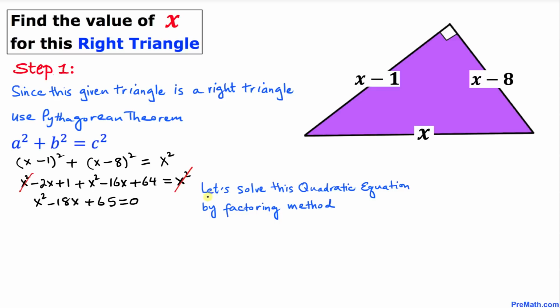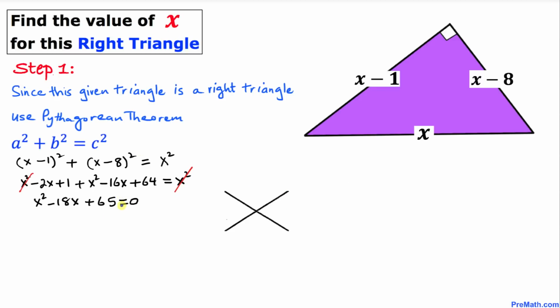Now let's go ahead and solve this quadratic equation by using the factoring technique. Let me show you the factoring technique right now. This constant part, positive 65, I'm going to write on the top of this x factor, and the middle number, negative 18, is going to go at the bottom over here.